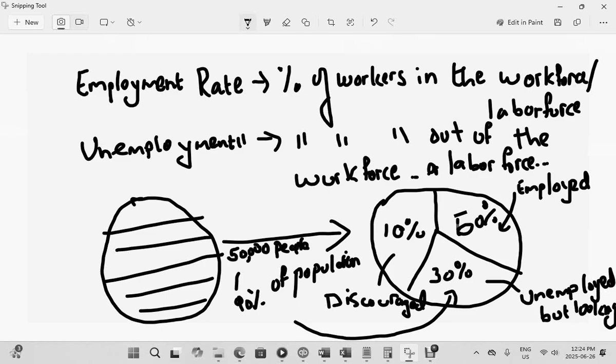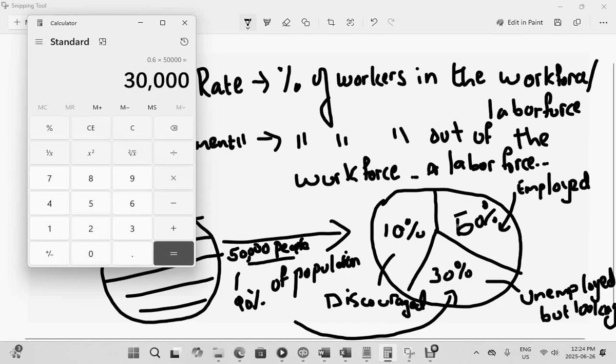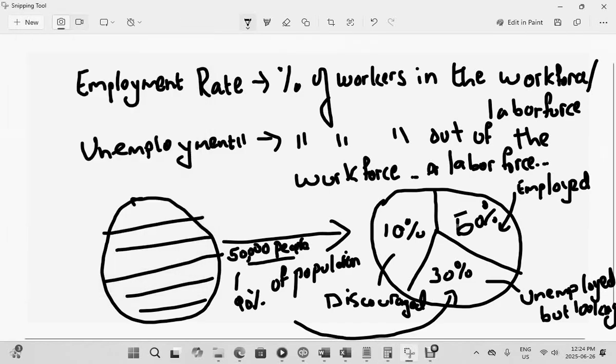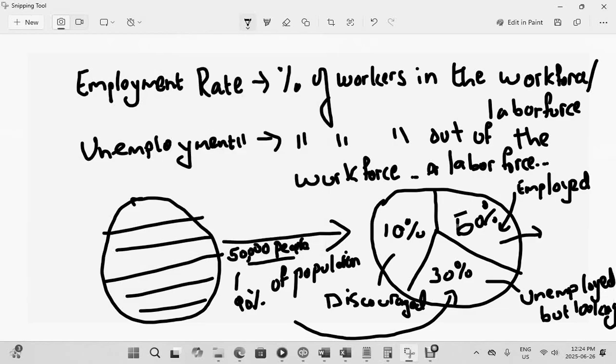To figure out the employment rate, you will need to figure out 60% of 50,000 people. To do this, we use a calculator: 0.60 times 50,000 will be 30,000 people. So you have 30,000 people who are employed.